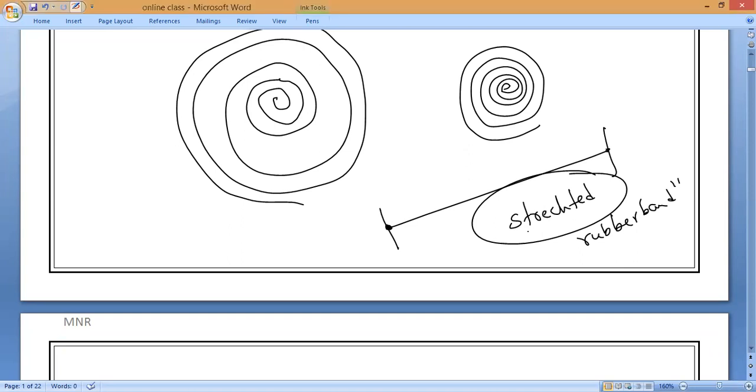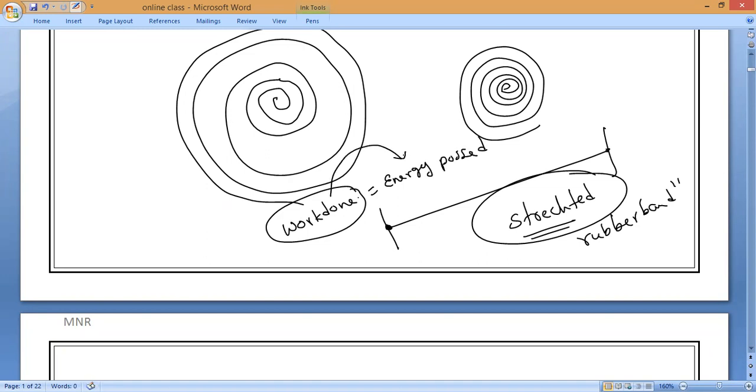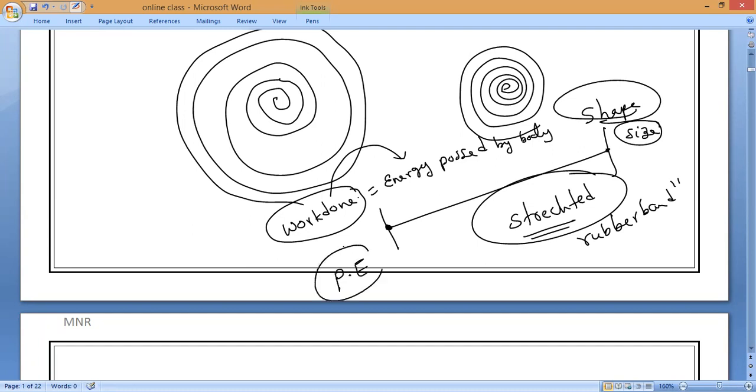So when I am changing the shape, definitely I am doing some work. That work done is equal to the energy possessed by the body. Whatever work I am doing is equal to the energy possessed by the body, by changing its shape as well as size. What energy do we call that? Everybody?